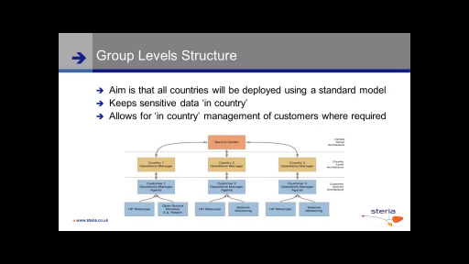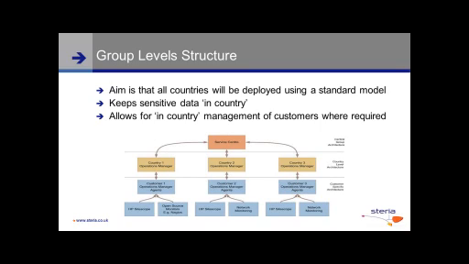So where were we? The group level structure that we've implemented allows us to keep our sensitive data at the country level, where we can actually make decisions about what data is allowed to leave the country.